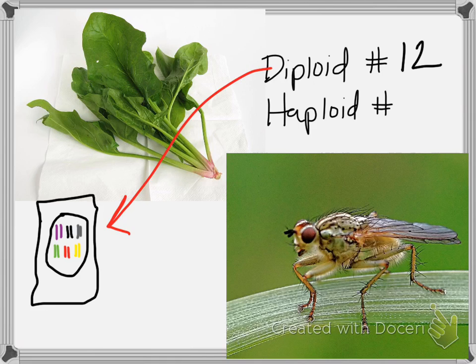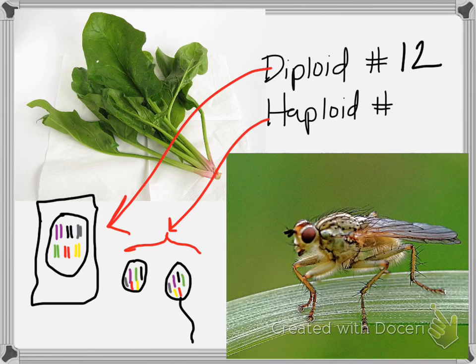But if you were looking at pollen or eggs, they would have 6. Because those gametes are haploid, and their haploid number is 6. So each gamete would have 6 chromosomes. They only get 1 from each pair. Does this make sense?